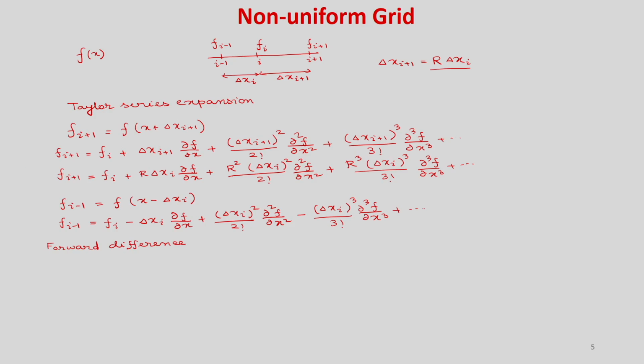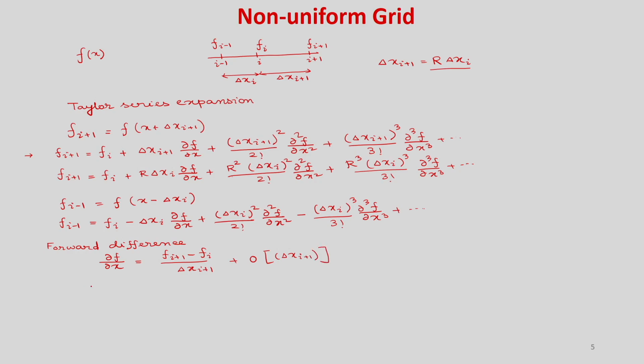So, from this equation directly you can write del f by del x is equal to f i plus 1 minus f i divided by delta x i plus 1. And what will be the order of accuracy? Obviously, it will be delta x i plus 1.